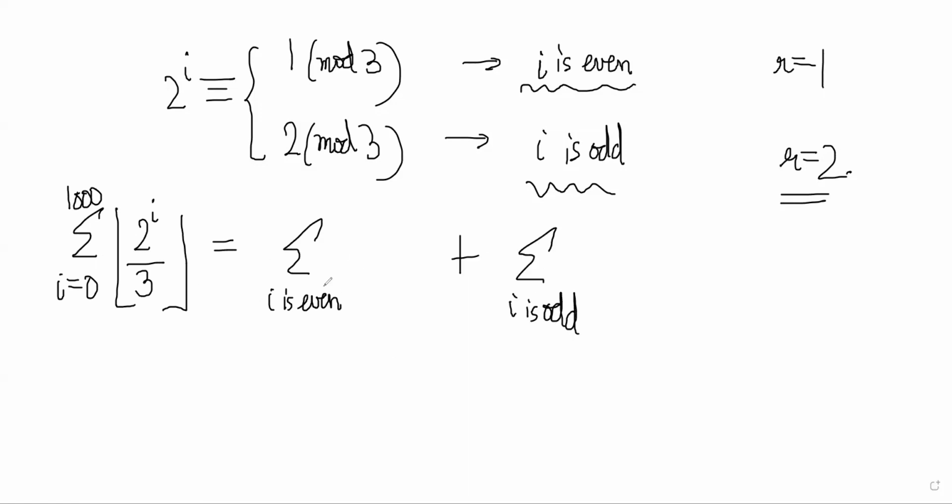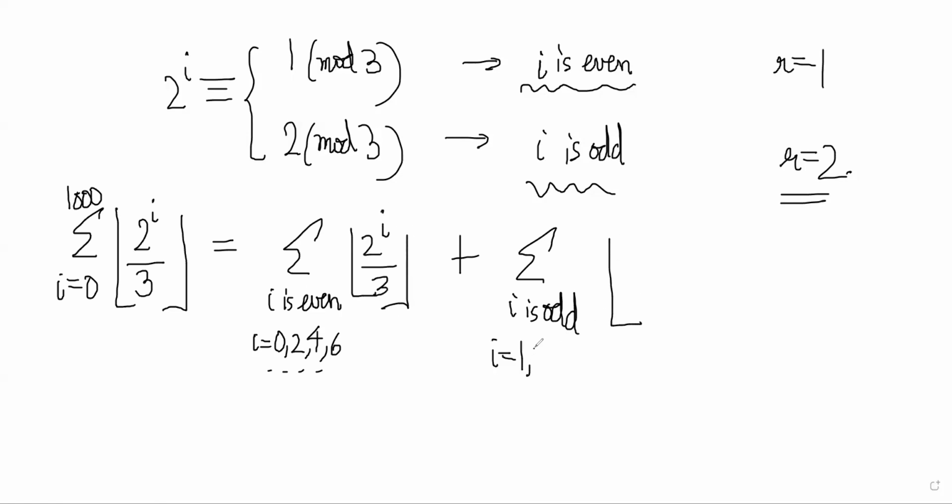When I is even, I is going from 0, 2, 4, 6, and so on, and you have 2 power I by 3 here. In this case, I goes from 1, 3, 5, and so on.